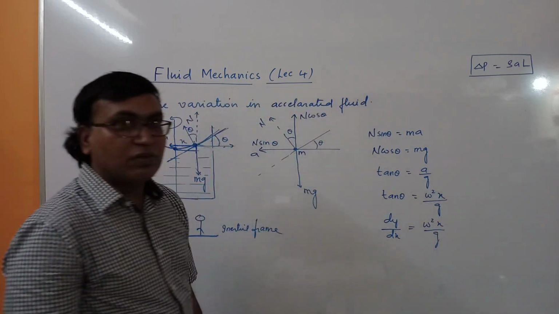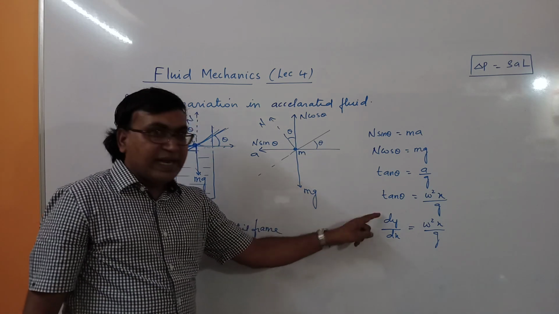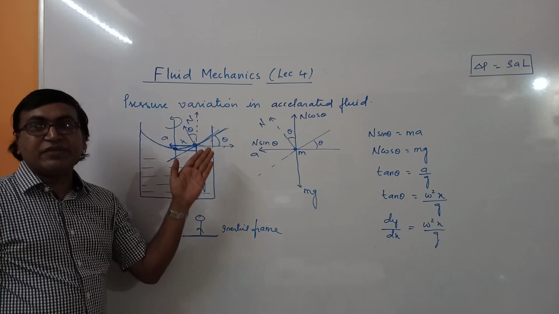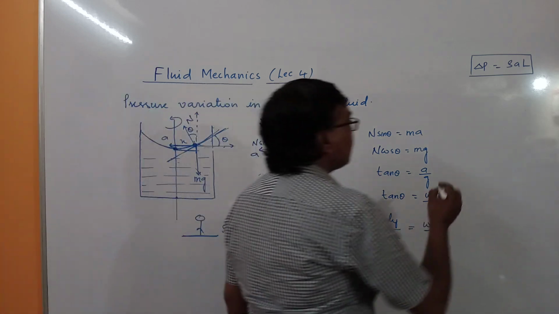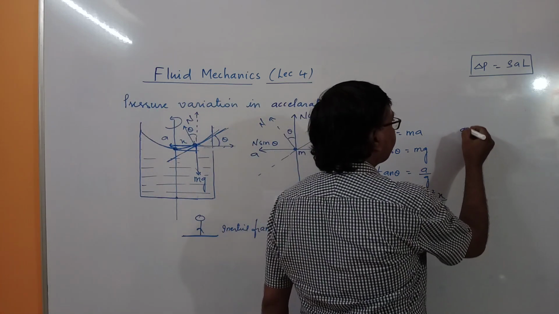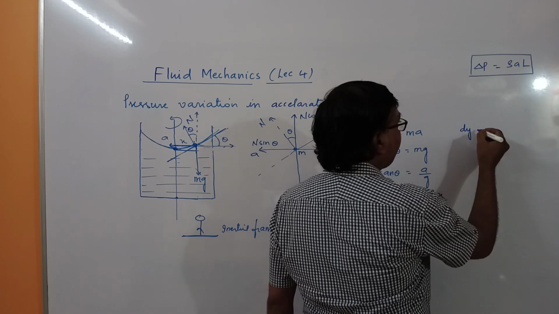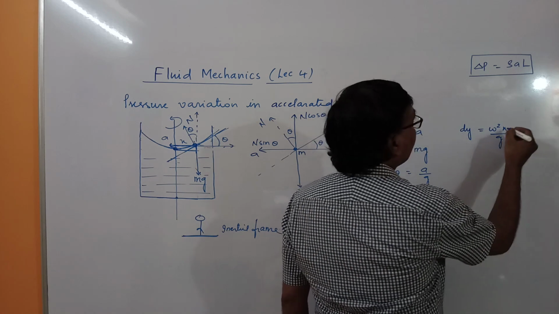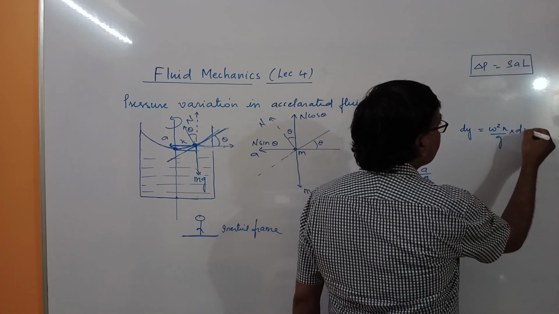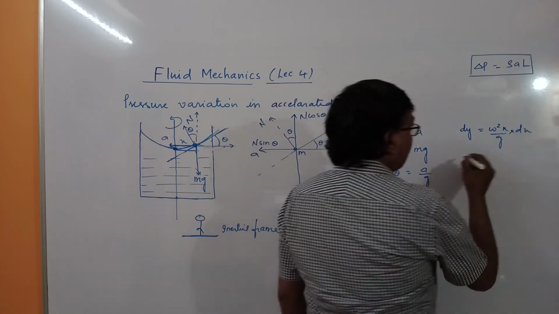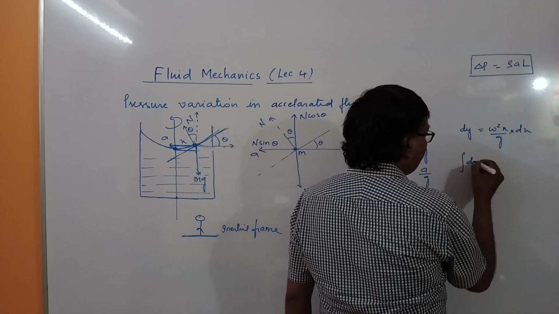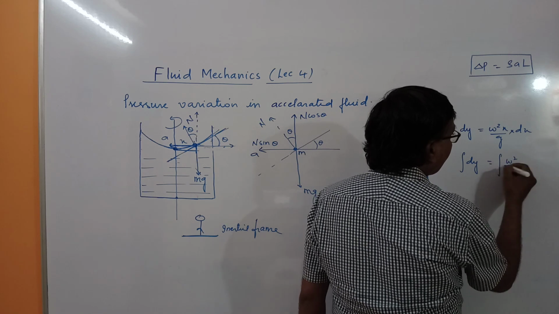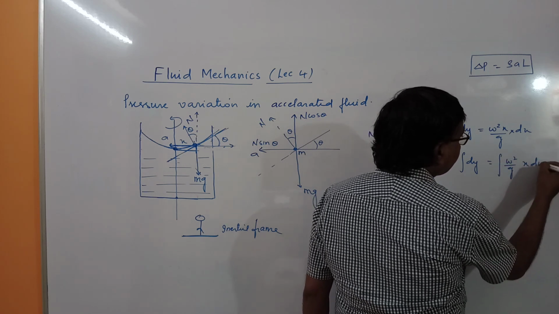Now we can find the relation between y and x, so that we will come to know the shape of this free surface of the liquid. So dy by dx, or dy is omega square x by g into dx. Integrating dy, integration of omega square by g x dx.